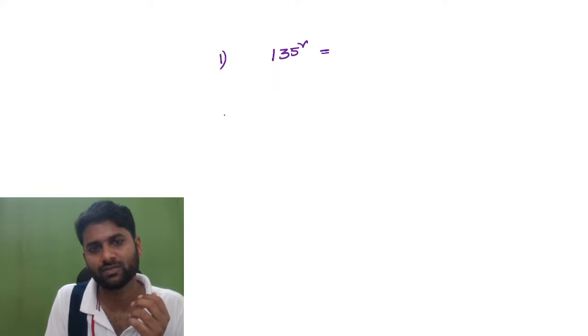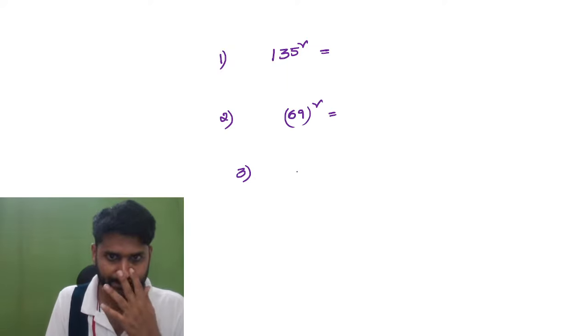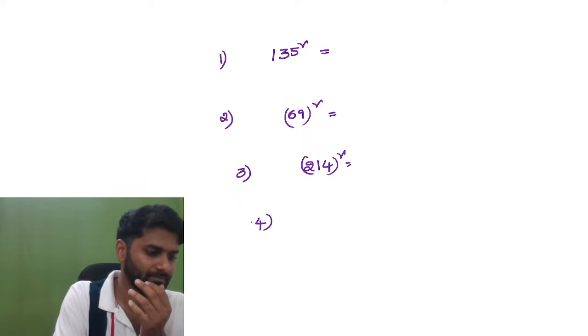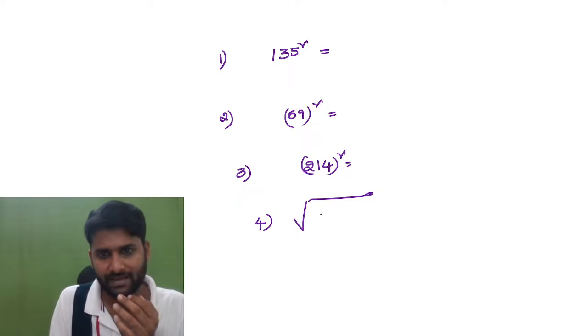So first one, 135 square. Post your answer in the comment section. Question number two, 69 square. Question number three, let's go for 214 whole square. Question number four, find the square root of 8649.